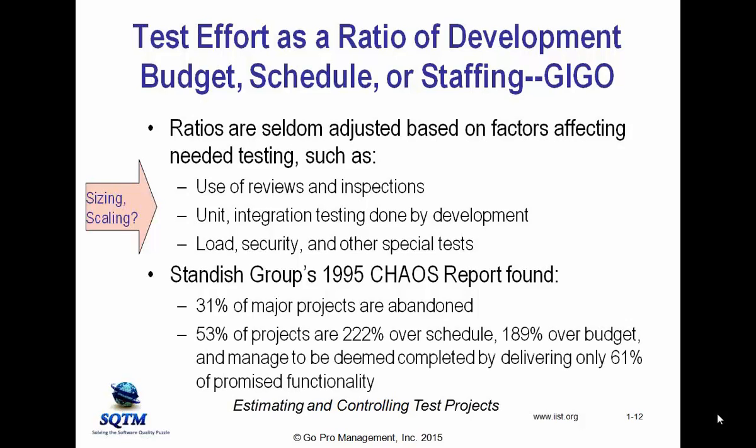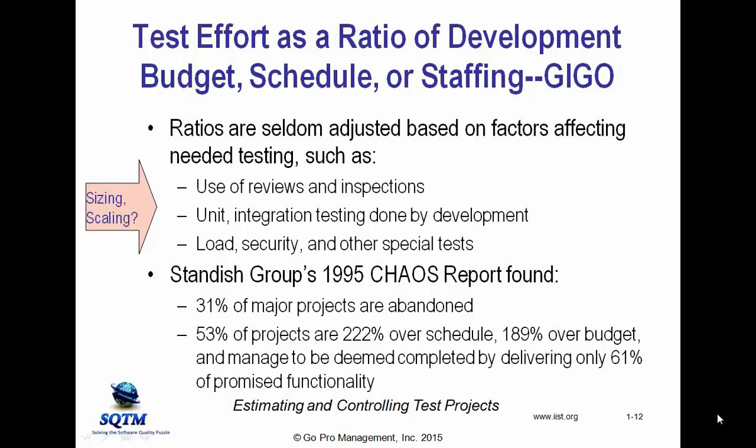And here's the other issue. I'm sure you're familiar with reports like the Standish Group's Chaos Report, which they've been issuing since 1995. The 1995 one is the most well-known, which found that 31% of major projects are abandoned, that 53% of projects are on average 222% over schedule, 189% over budget, and that the only reason they're able to finish is because they only deliver 61% of promised functionality.